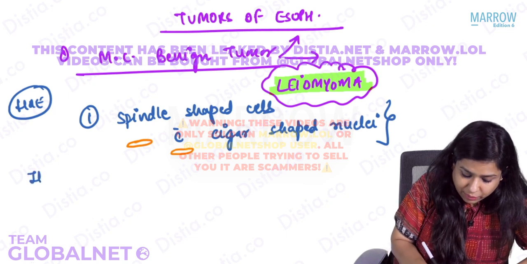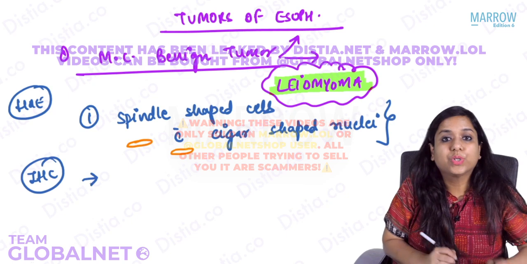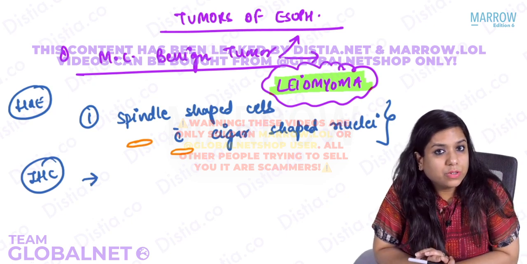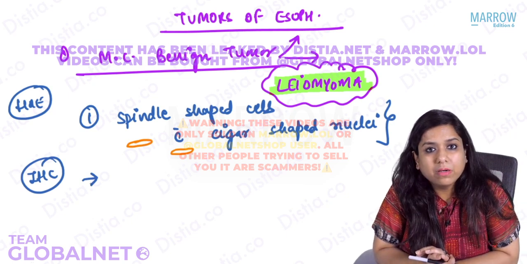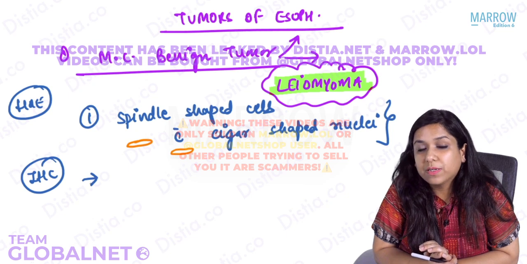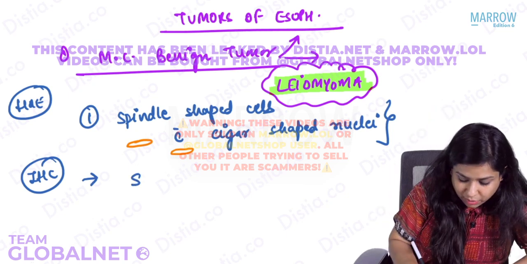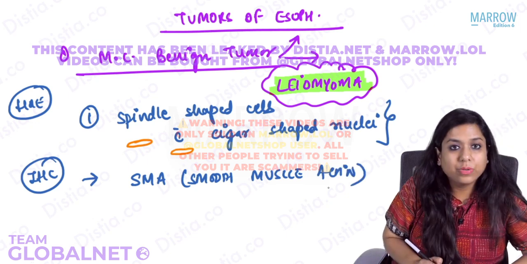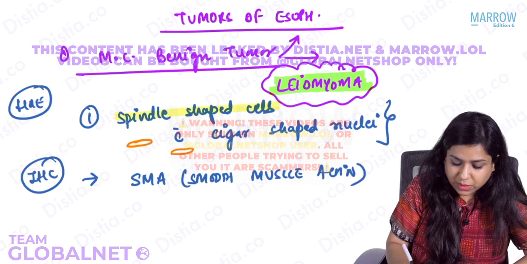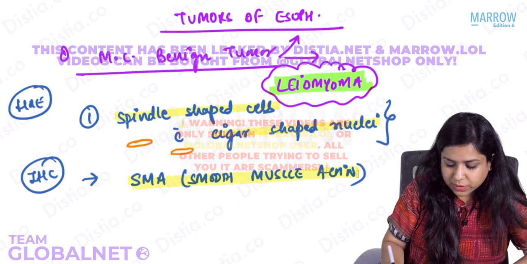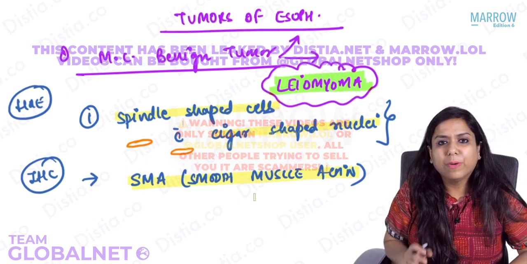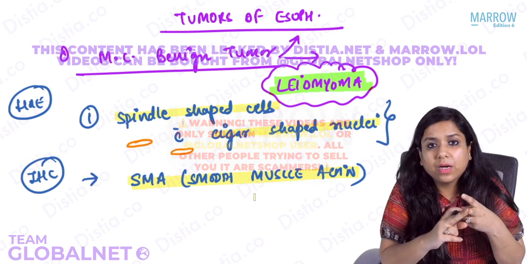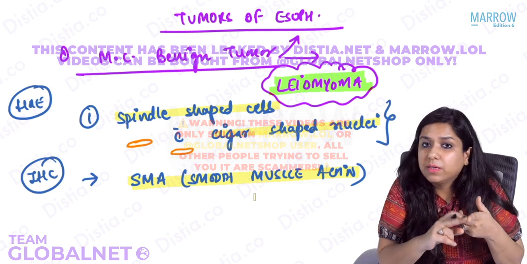And the second thing you need to know is the marker. For any smooth muscle tumor, the marker is smooth muscle actin, SMA. Correct? Easy story? So spindle-shaped cells with cigar-shaped nuclei and smooth muscle actin as the marker, in leiomyoma anywhere, whether it is uterine leiomyoma or in the esophagus.